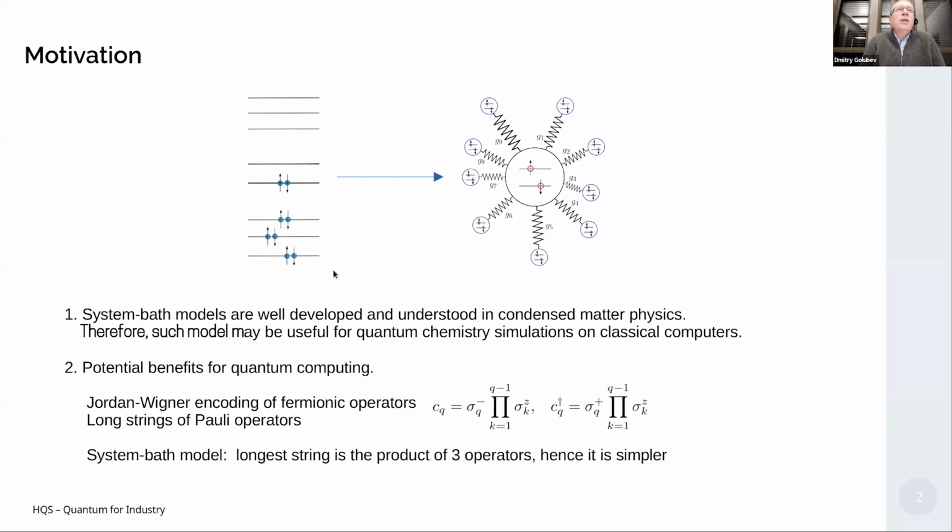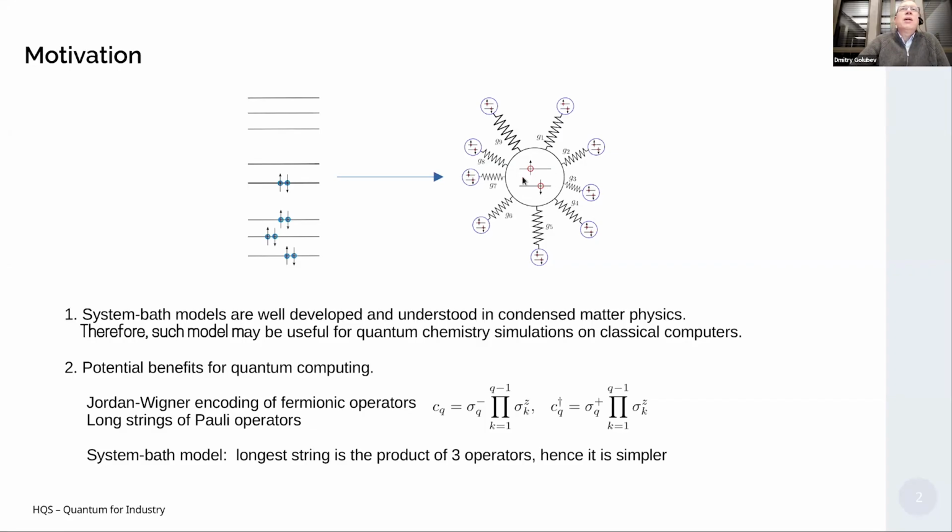However, if we include interaction, it is very hard to solve this problem. Quantum chemistry is known to be a complicated field. What we are saying is that if we are interested in low-lying excitation energies of the molecule, we can split it into a two-part system and bus, where the system is two orbitals with 2 electrons occupying them.